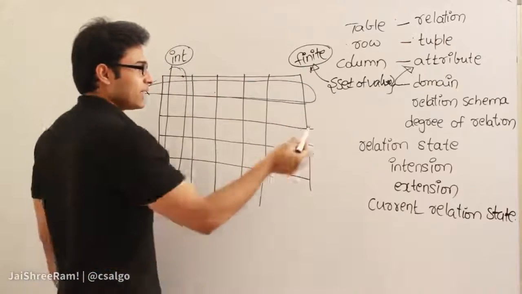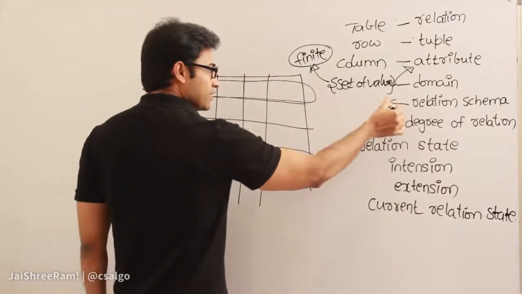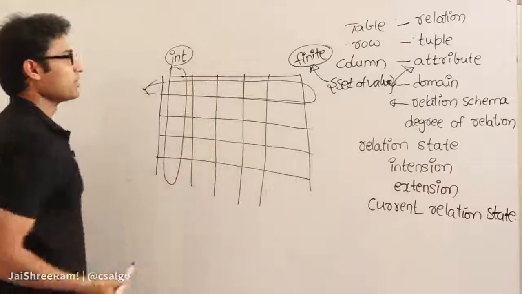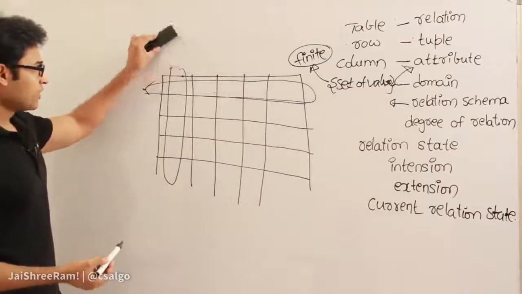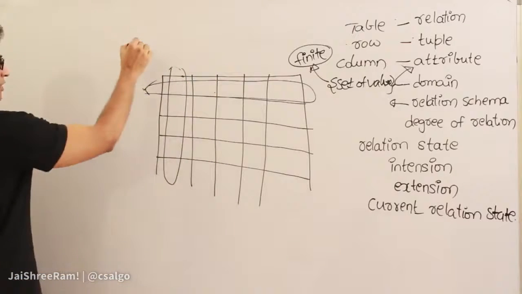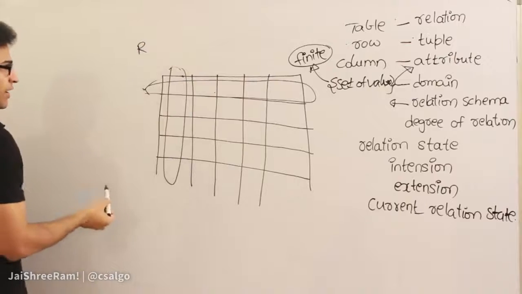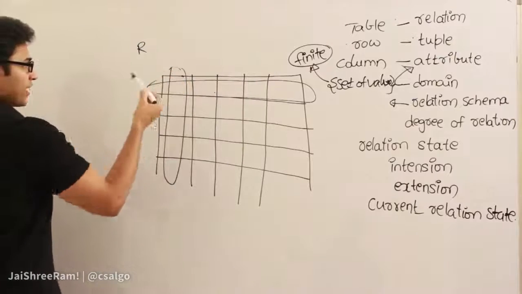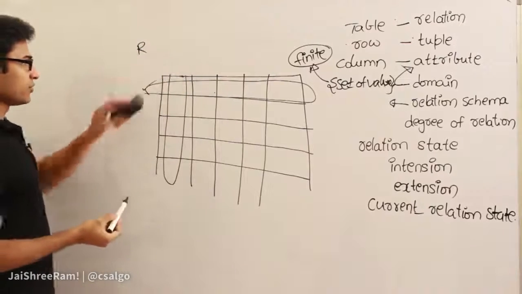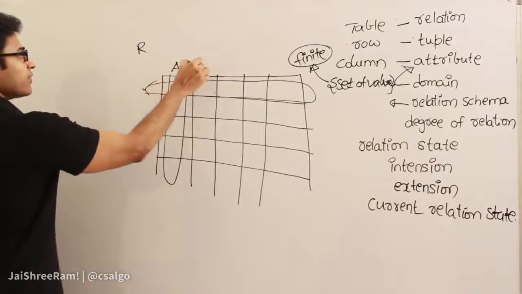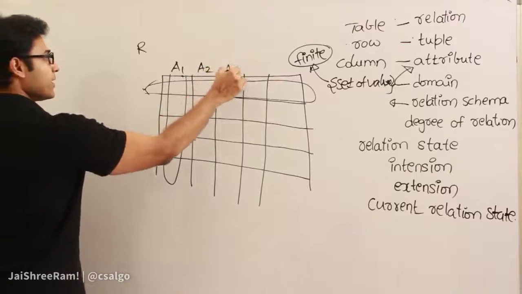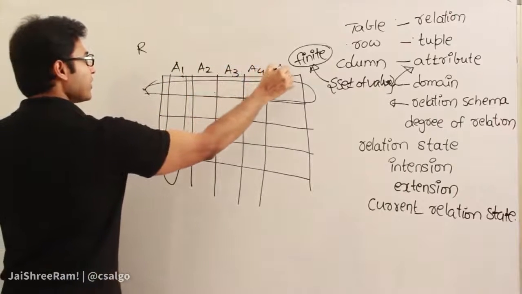The next one is relation schema. Relation schema means the heading of the table. Generally every table will have a name. Let us say the name of the table is R. Every attribute is also going to have a name, like A1, A2, A3, A4, let us say A5.